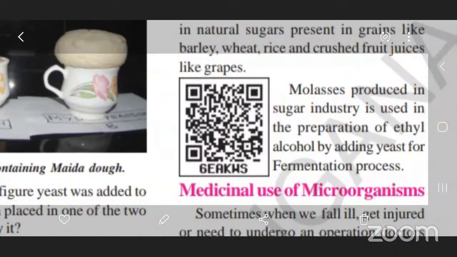Molasses produced in sugar industries is used in the preparation of ethyl alcohol, C2H5OH, by adding yeast for the fermentation process.